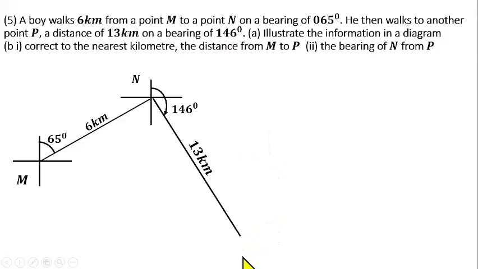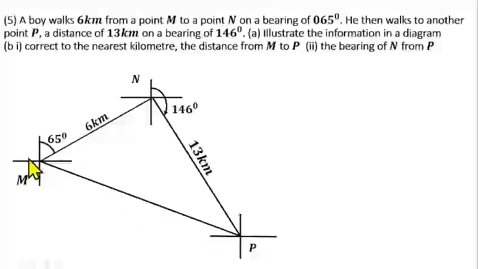Then I'll put another cardinal point to represent point P here. The next thing is to join P to M with a straight line. So P is joined to M here now, and this is the diagram that represents this information.